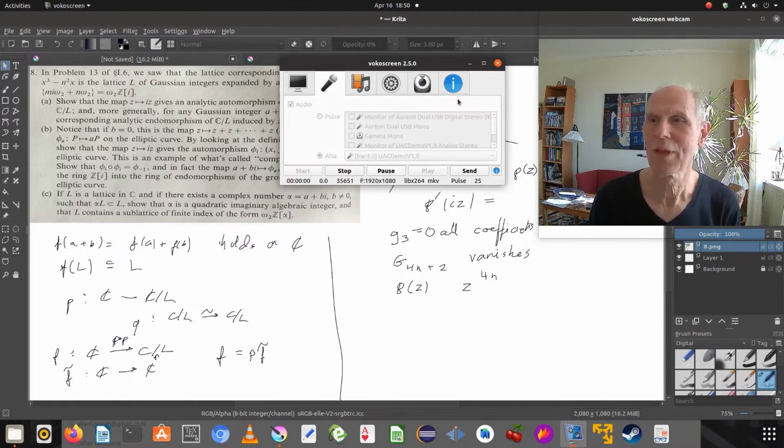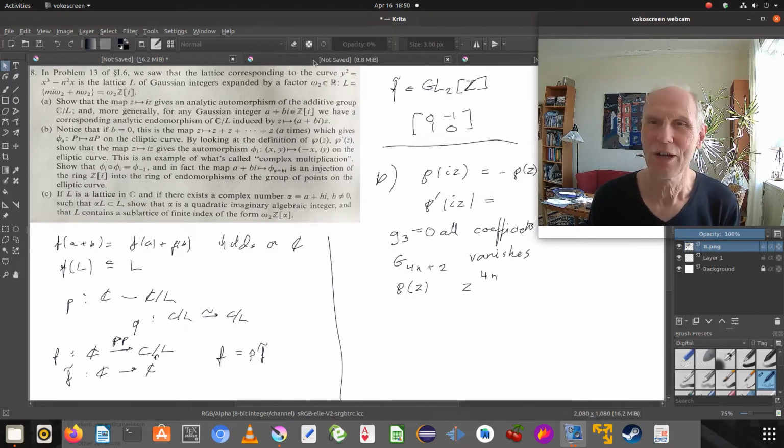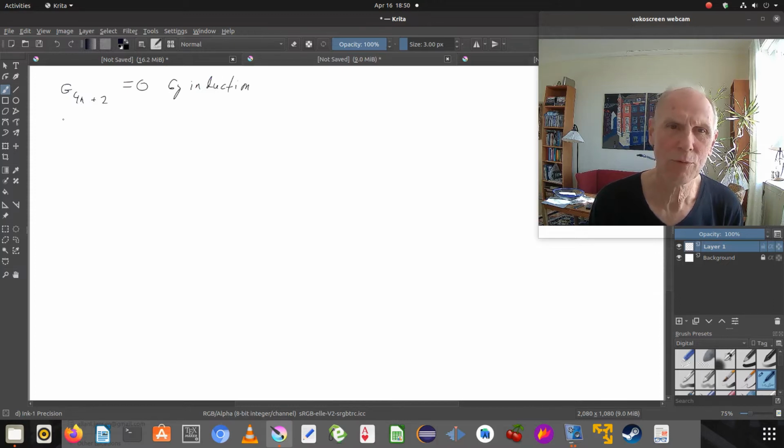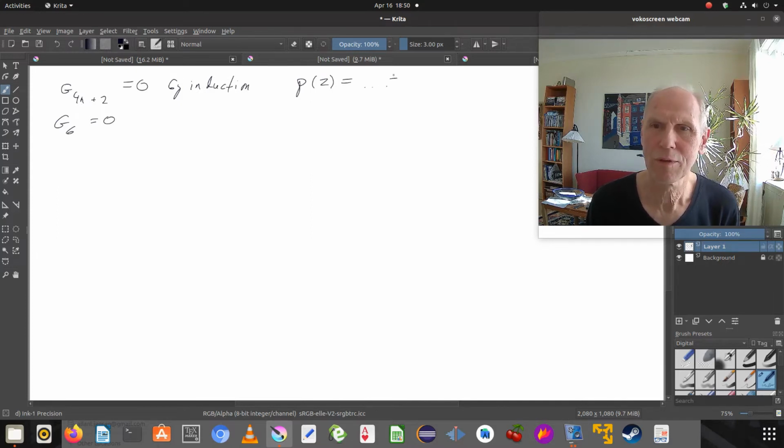So we have some time. I think I'll do it on the next page. So it's G4n plus 2. I'll show they vanish by induction. And we already know that G6 vanishes. And they occur in z to the 4n.